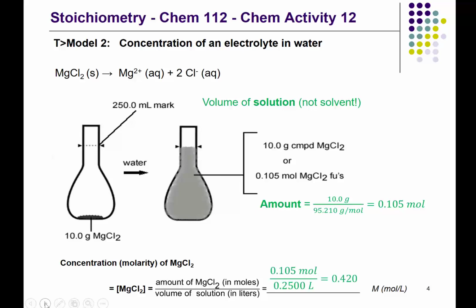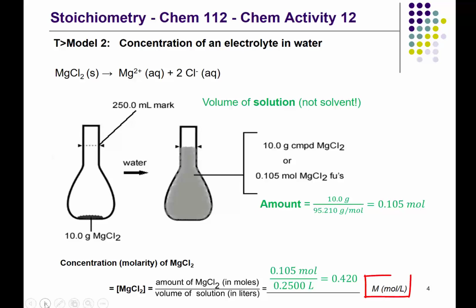So the calculation would look something like this: 0.105 moles divided by 0.2500 liters. So note, I've taken the 250 mL and divided by 1,000 to get the volume in liters. So then the concentration would equal 0.420 molar.